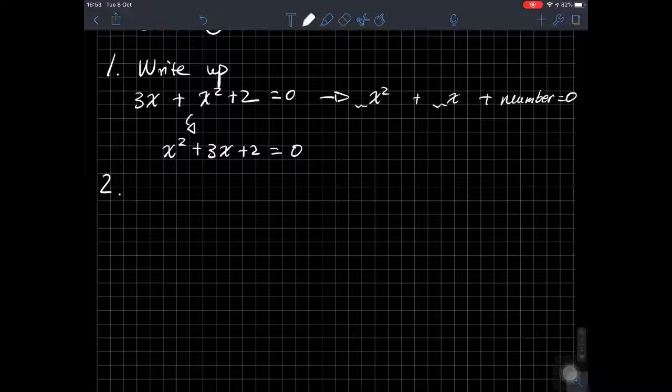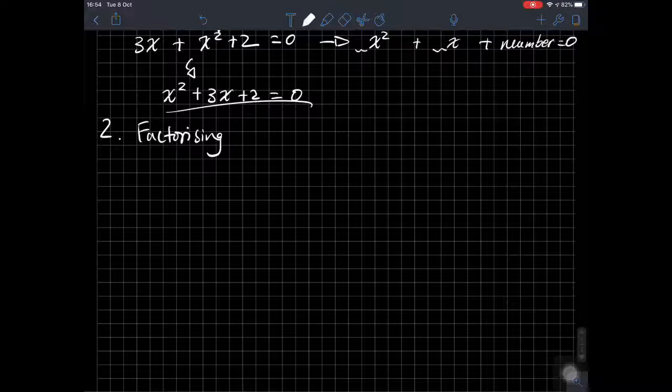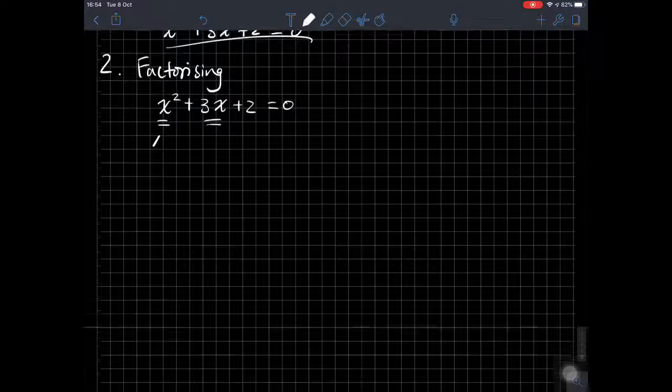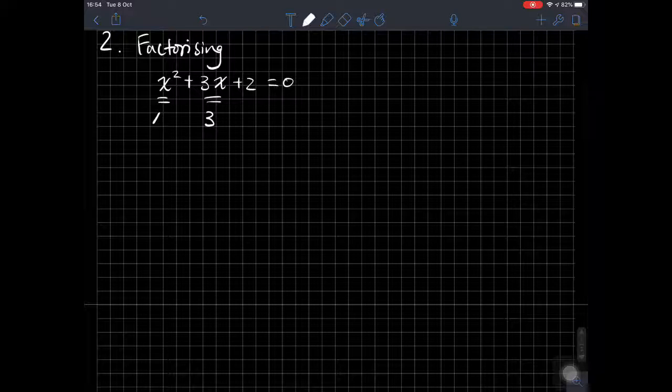Step 2. Factorising. Now that we've got this equation, we can get 3 numbers from it. Here, the x squared is multiplied by 1 x squared. Here, the x is multiplied by 3x. Here, the number is 2. So we got the 1, 3, and 2.